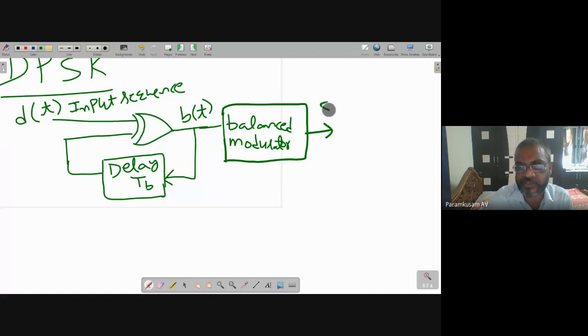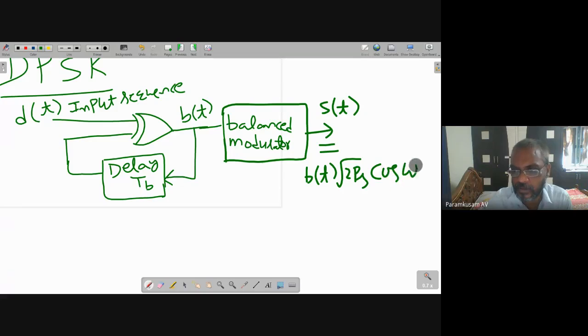Output of system is equal to S of t. This S of t is equal to B of t root 2 PS cos omega naught t. DPSK is nothing but the phase shift keying signal only. Last final వచ్చేది phase shift keying signal.